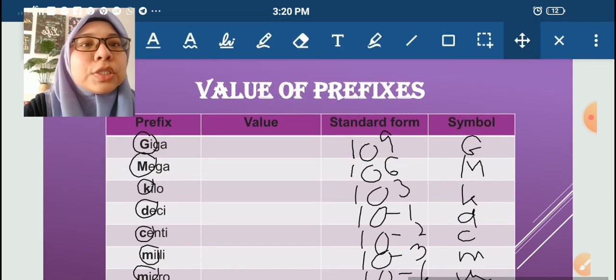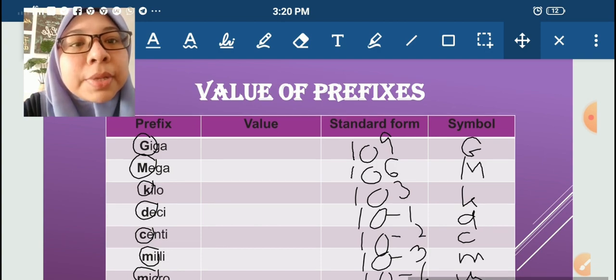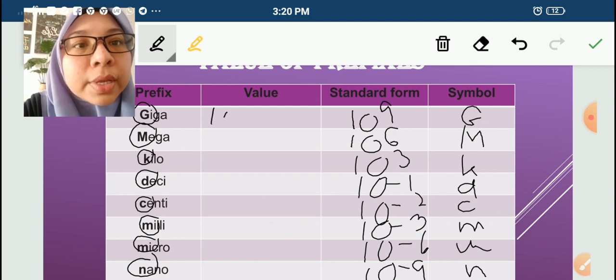For the value, refer to the standard form. 10 to the power of 9 means 9 zeros: 1, 2, 3, 1, 2, 3, and 1, 2, 3.